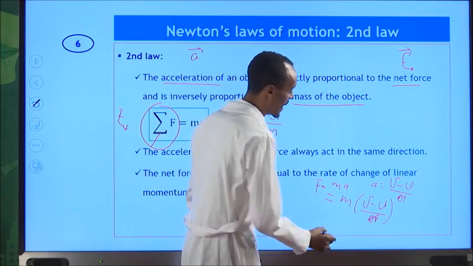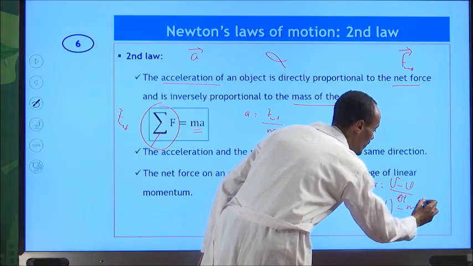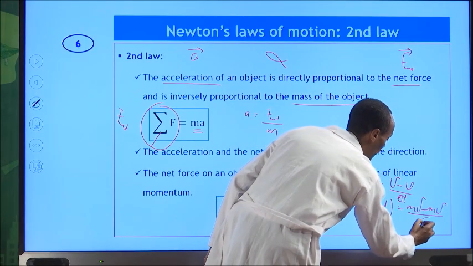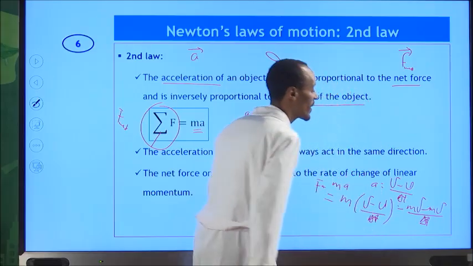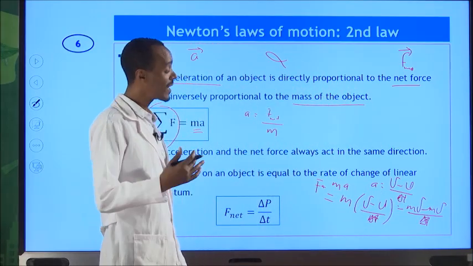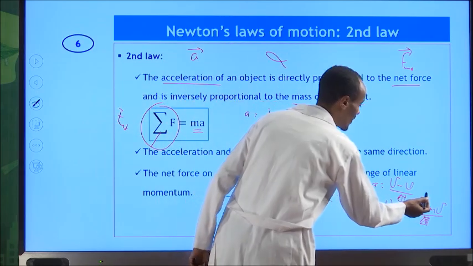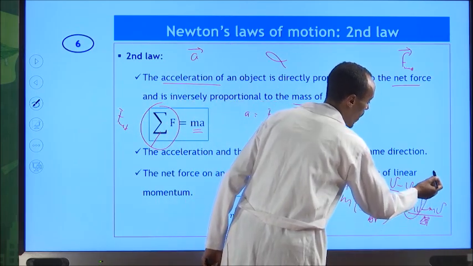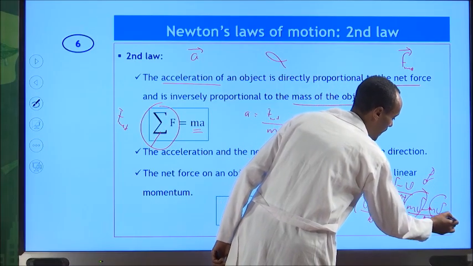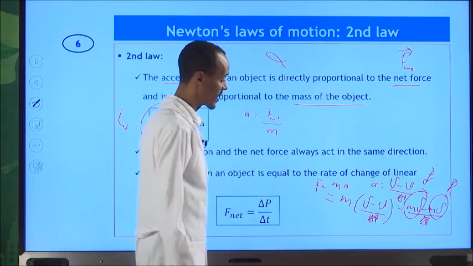You can multiply to get m times v, and then m times u, divided by delta t. But you remember the linear momentum is the product of mass and velocity. So this is the final momentum, p final, and this is p initial, the initial momentum of the object.